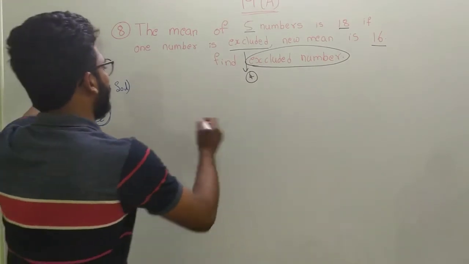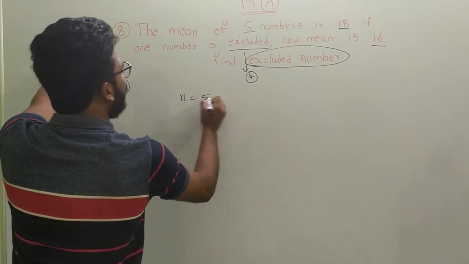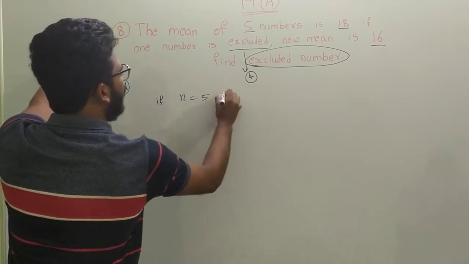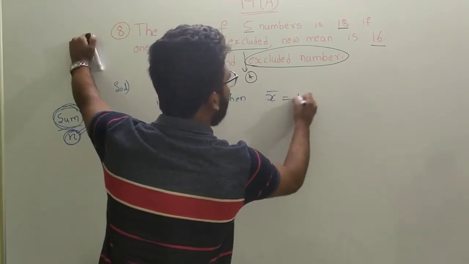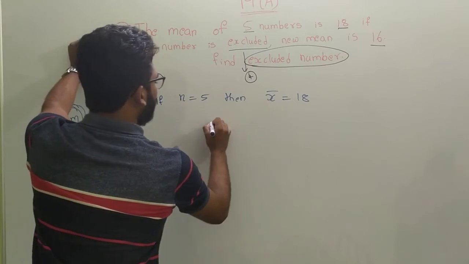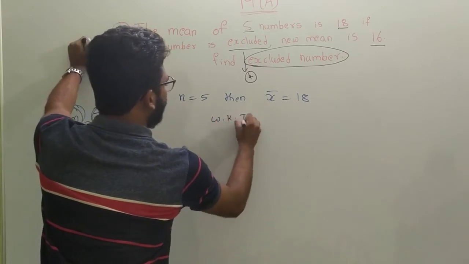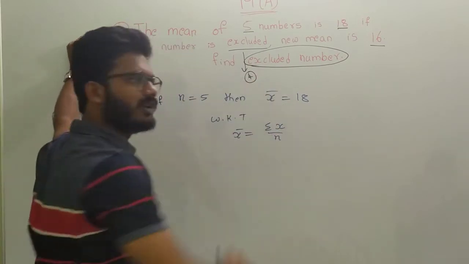Okay, let us see. First, n is equal to 5. Then what they gave? x bar is equal to 18. We know that x bar is equal to the sum of observations by the number of observations.